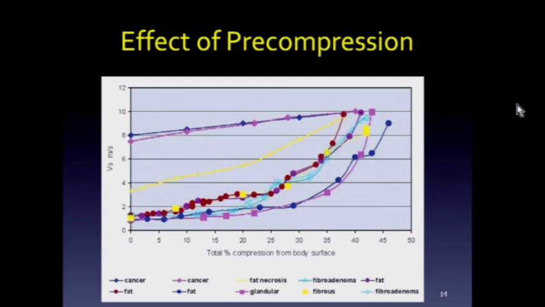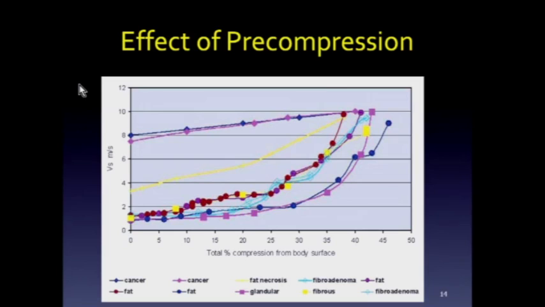This is our results of pre-compression that we did using various breast lesions, and you can see that as we push with the probe, lesions become stiffer, and they become stiffer at different rates. So if you're doing a strain ratio, especially if you're using fat, because it will increase its stiffness values faster than cancers or other benign lesions, the ratio will change.